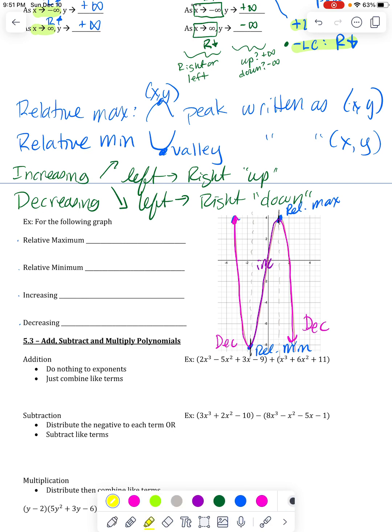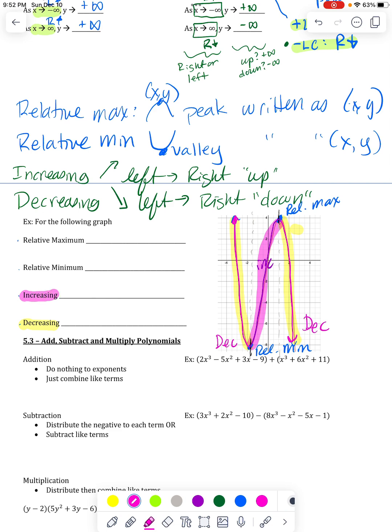So from here on down, and then again over here, it's decreasing. And then in between there, from here to here, it is going to be increasing.